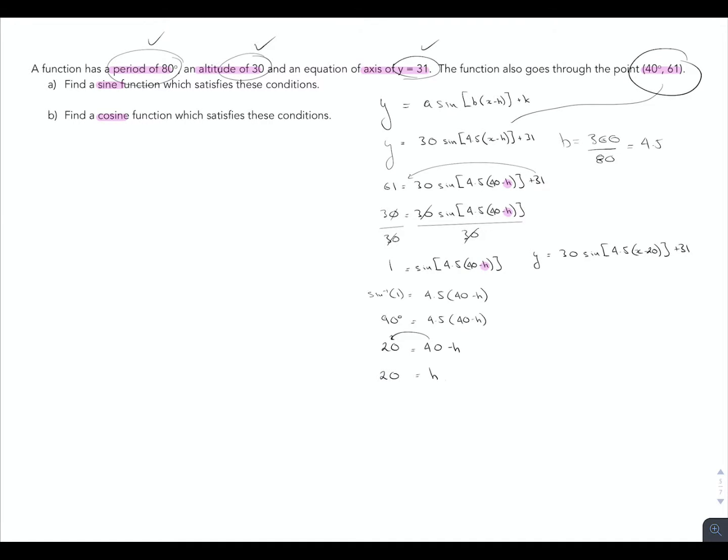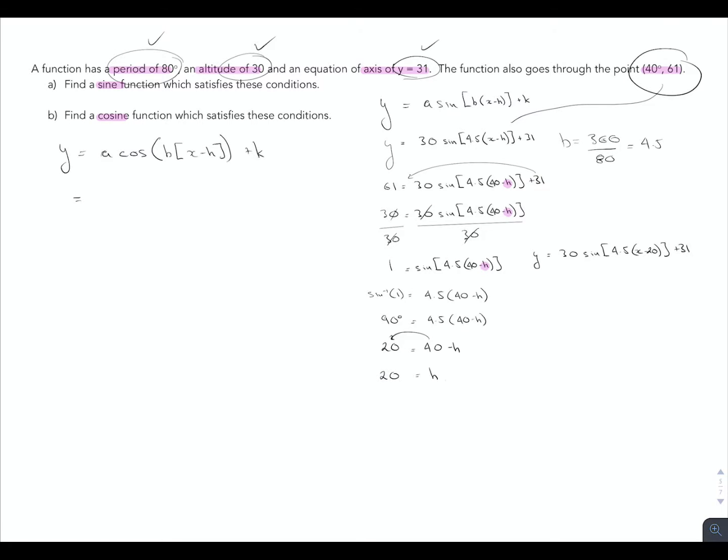Now for the cosine function, you start off the same way, except that instead of sine, you have cosine, and you have b(x minus h) plus k. And just like some previous examples, you'll notice that the period, the amplitude, the equation of the axis, those all remain the same.